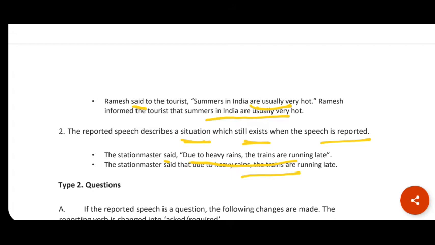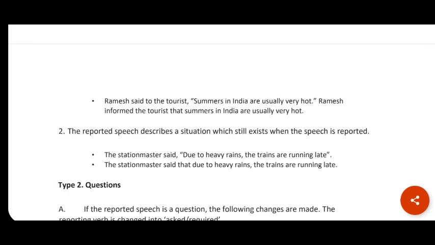Because when the speech was reported, at that time the situation was still there. The situation existed at that time, and so here the tense remained unchanged. I hope you have understood what are the changes to be done while changing direct speech into indirect speech.